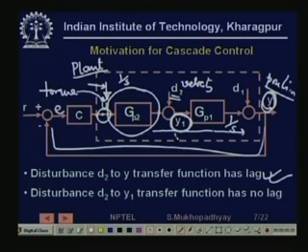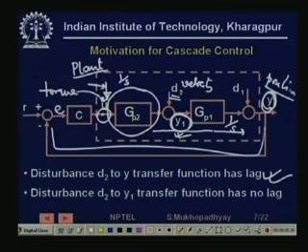Similarly, most position control loops have speed feedback. Measuring the shaft speed requires simply putting some kind of a tachometer or speed encoder. They are not very difficult to measure.